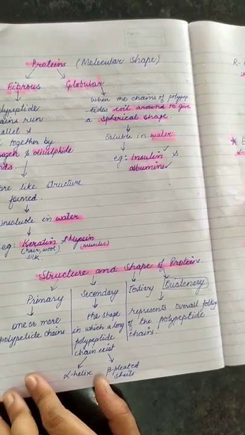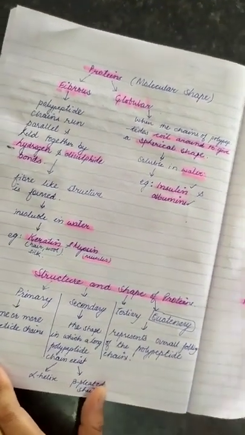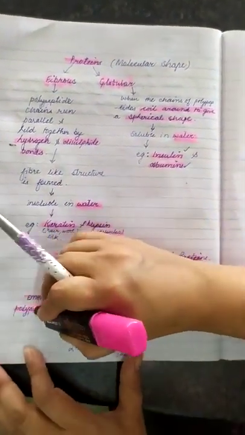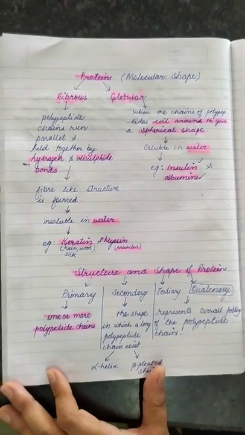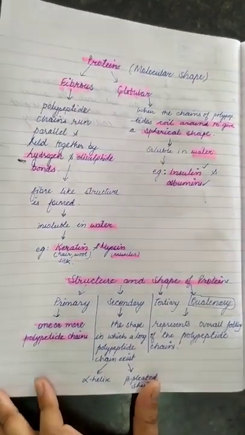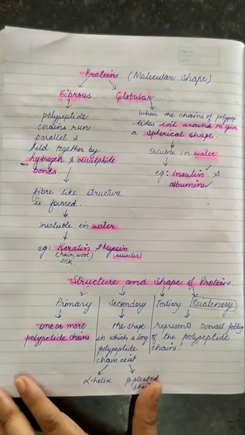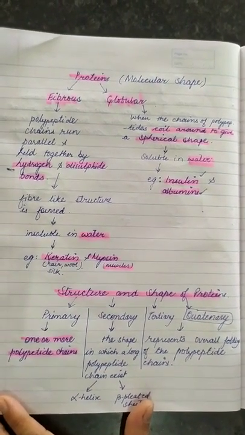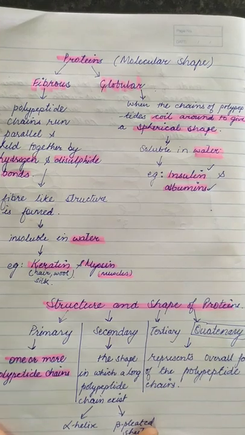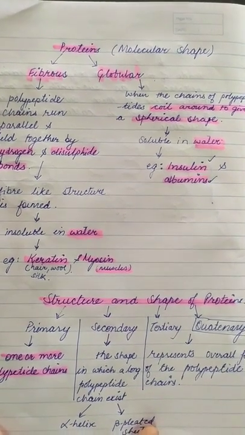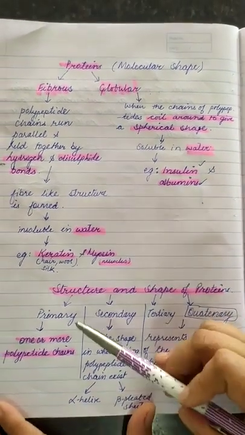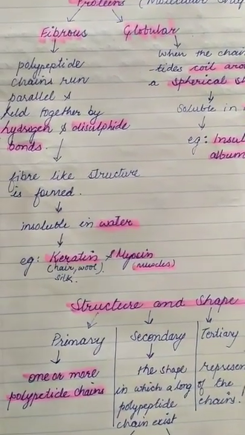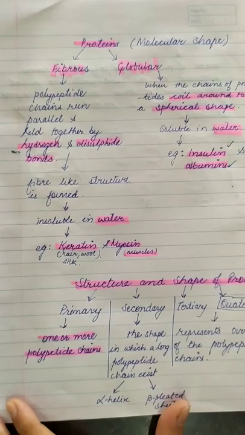Proteins may have one or more polypeptide chains. Each polypeptide in a protein has amino acids linked with each other in a specific sequence. I am stressing on the word specific sequence. Then the sequence of the amino acids is called primary structure.